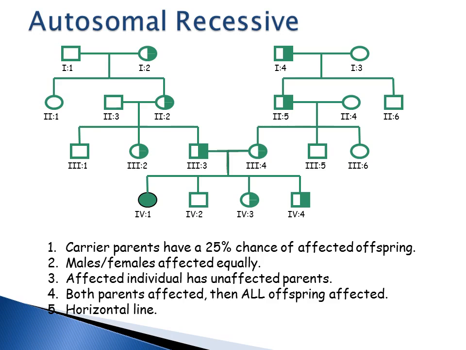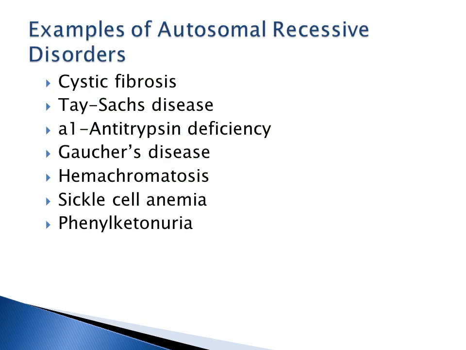Affected individuals can have unaffected parents, and if both parents are affected, then all of the offspring are going to be affected, and this is a horizontal line. Some examples of autosomal recessive disorders are cystic fibrosis, Tay-Sachs disease, Gaucher's disease, hemochromatosis, sickle cell anemia, and phenylketonuria.